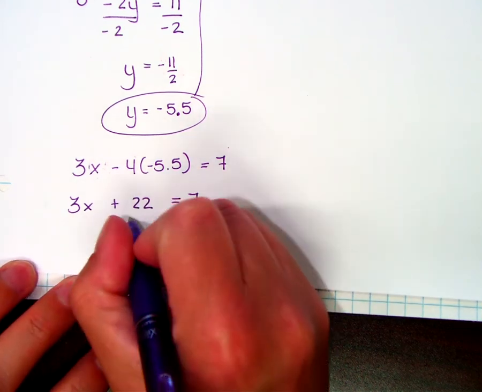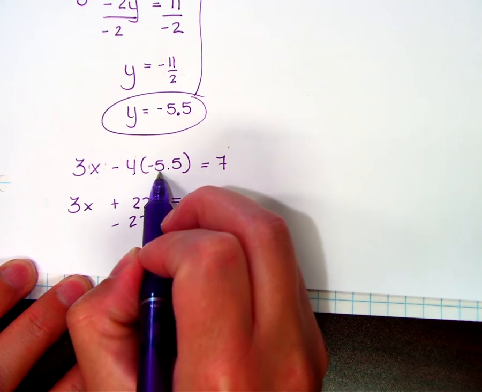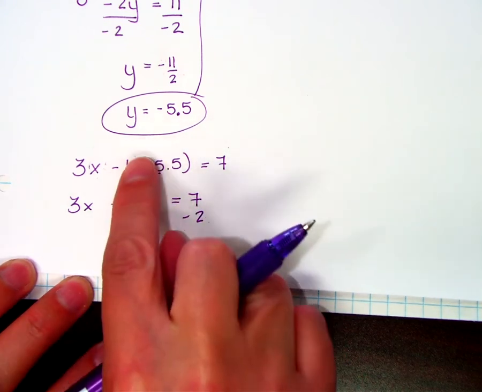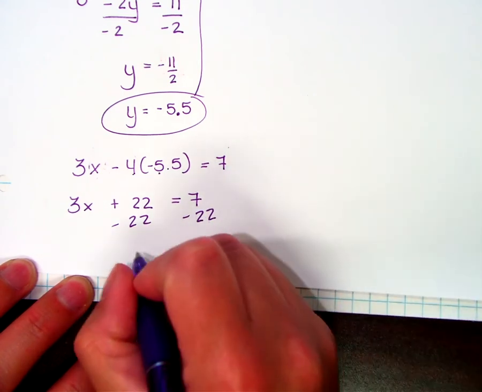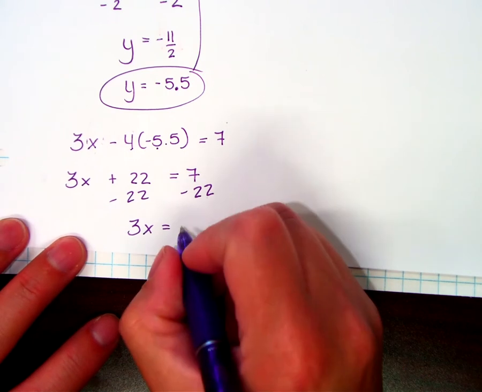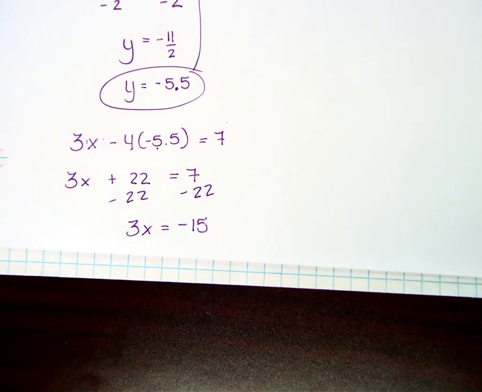Minus 22 on both sides. 4 times negative 5.5 is 22. But it would be a negative negative, so it changes to an add. Do you have to change to a decimal? No. You'll get the same answer, won't you?